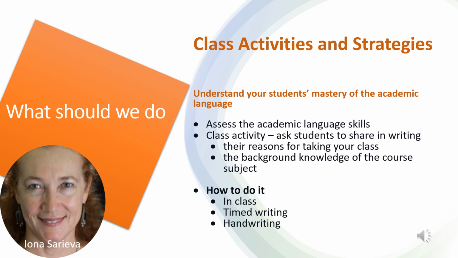Such activity will help you get a better understanding of what students can write without the help of apps, tutors, or friends. This writing activity would give you an understanding of students' initial knowledge on the course subject and also will shed light on their academic language skills.